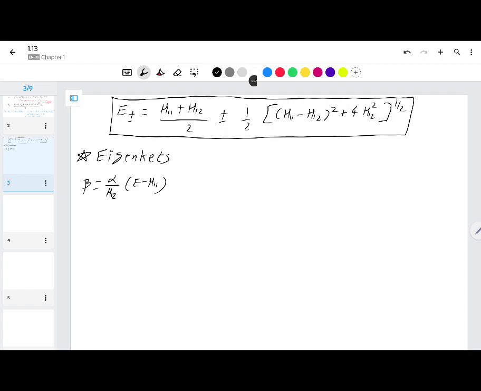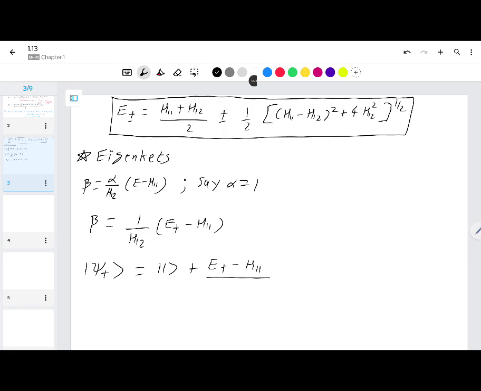And if I plug in any one of these values and say alpha is equal to 1, beta is equal to (E plus or minus minus H11) divided by H12, then the state that we want, let's say |psi plus or minus>, alpha is 1, beta is equal to (E plus or minus minus H11) divided by H12. We can write it combined as well.